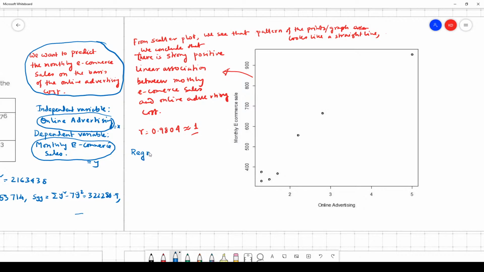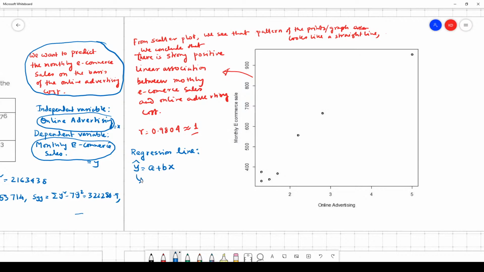So the regression equation or regression line is y hat equals a plus bx.